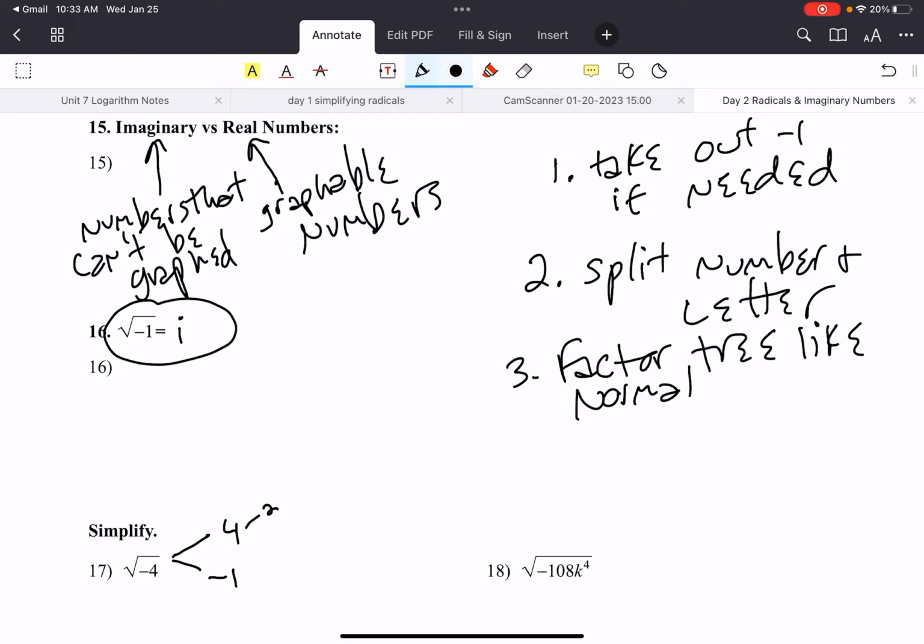Good. 2 and 2. So I have the square root of 2 squared, like we did on the last page, and the square root of -1. So 2i.